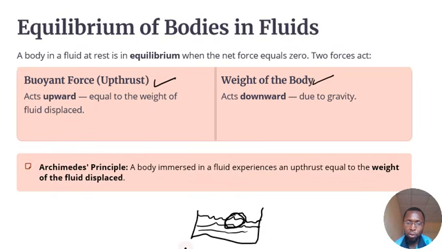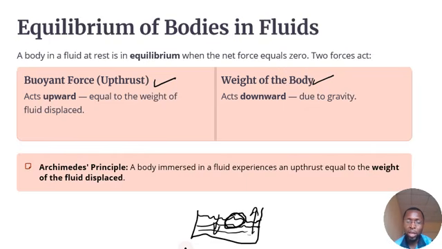The upthrust force is the one that acts upward. That's why it's called upthrust. It acts upward while the weight acts downward. So these two forces are the forces that act on an object.